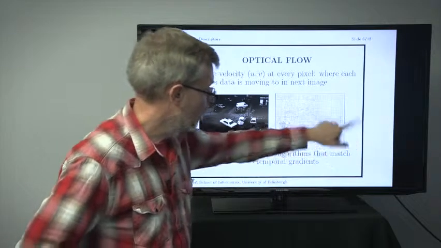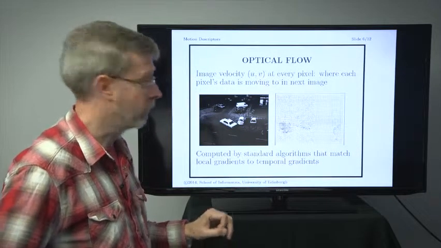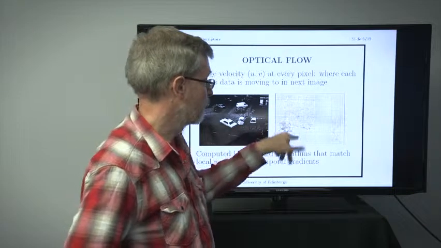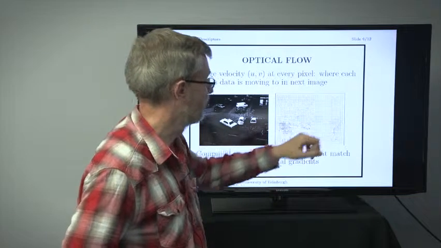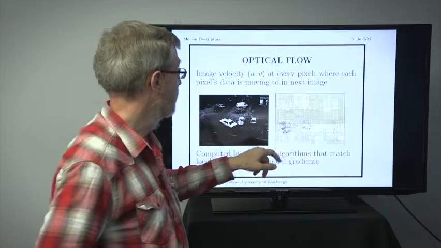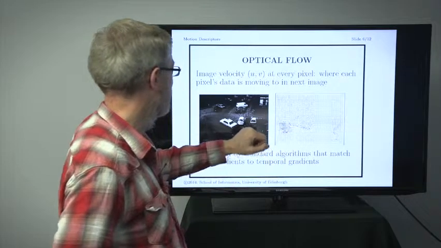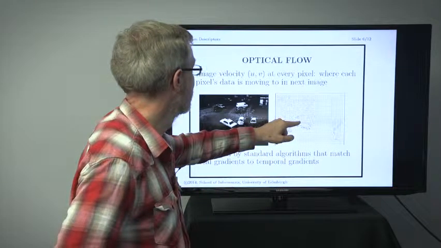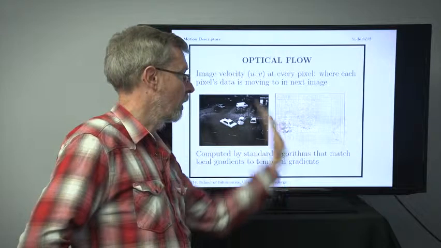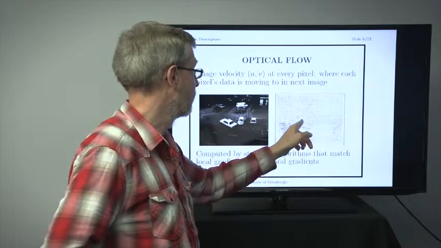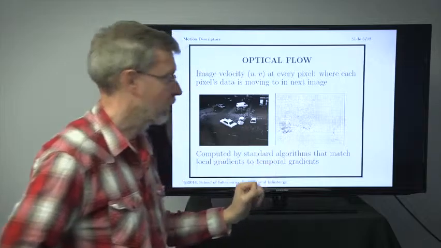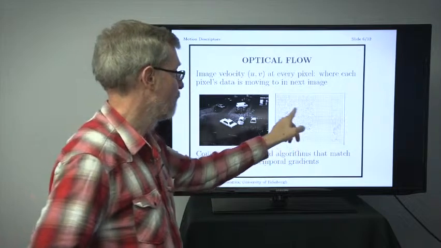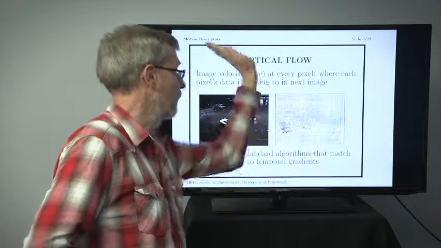And what you can see is a representation of the optical flow where at selected pixels, not every pixel, but every 5 or 10 pixels, you can see a little vector in here. So you can see, right about here, a little straight line with a little diagonal line on it. That's a vector which says that there's a lot of movement in this particular place and it's moving in this direction.